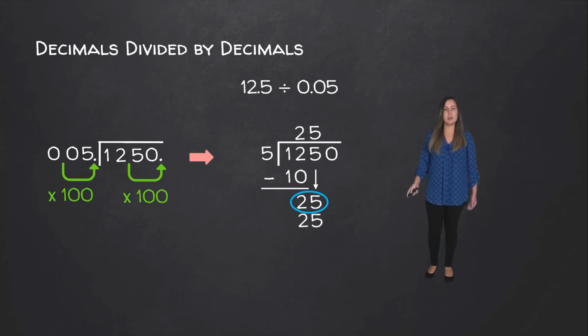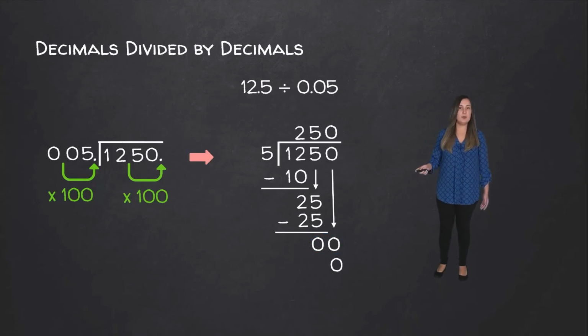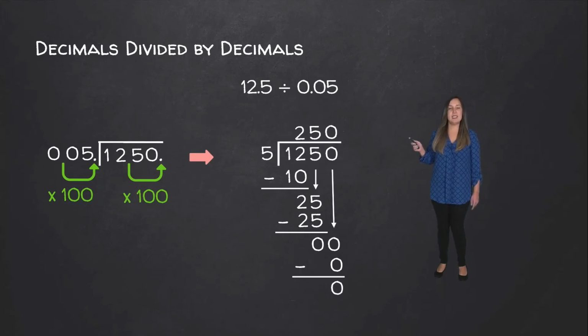So then we add 25 below that, and we subtract. And we get 0. Bring down our final 0, and ask ourselves, how many times does 5 go into 0? That would be 0 times. And we would not get a remainder here. We could subtract these, but we would still get 0. That means that 12 5/10 divided by 5 hundredths is equal to 250.